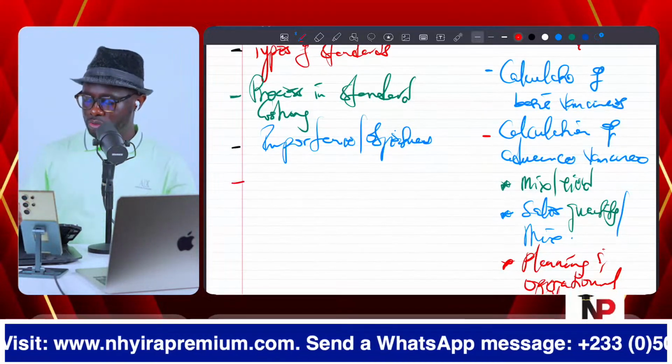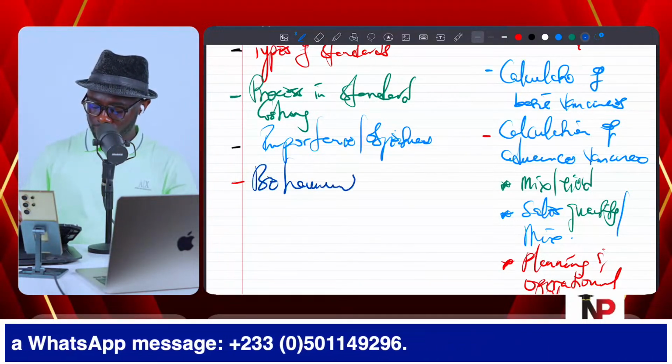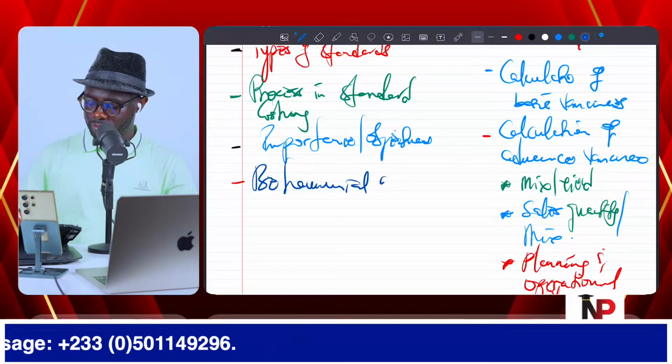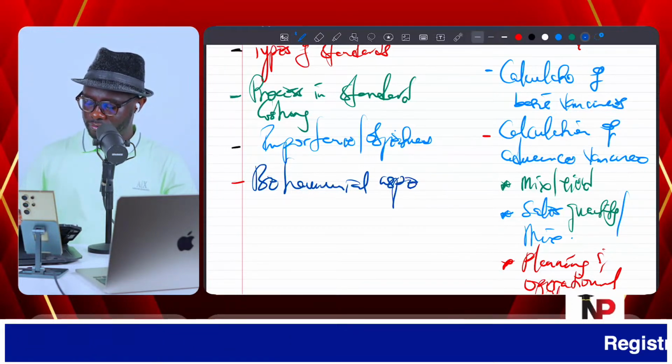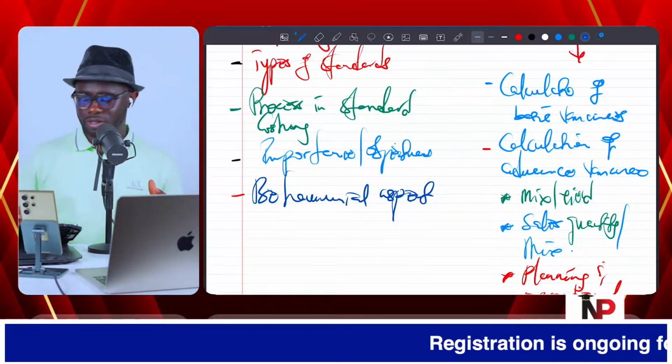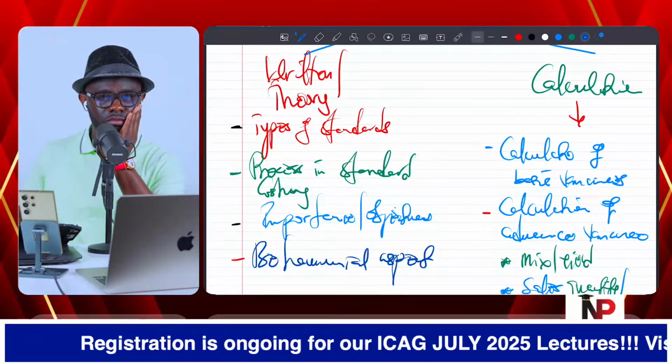Then we come to the last part, which is the behavioral aspect of variances. Now, the behavioral aspect of variance is where we are dealing with why is the adverse variance favorable and what should a company do?